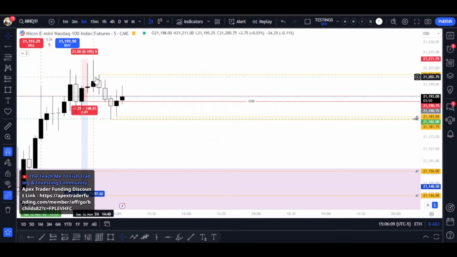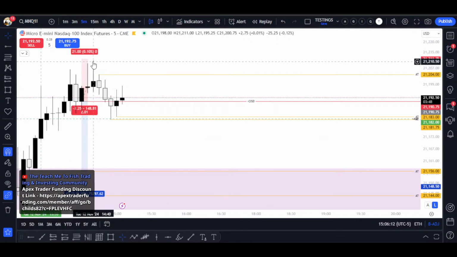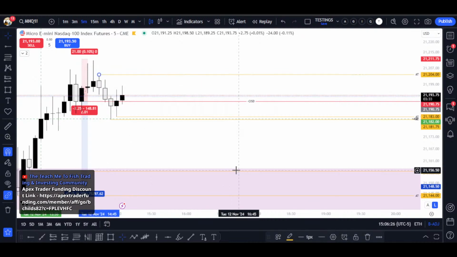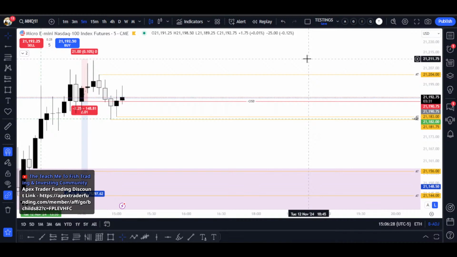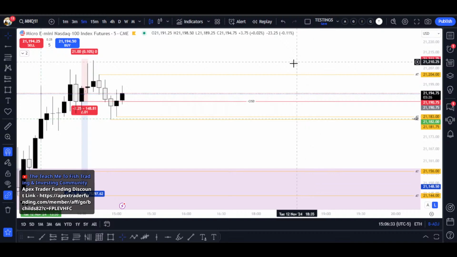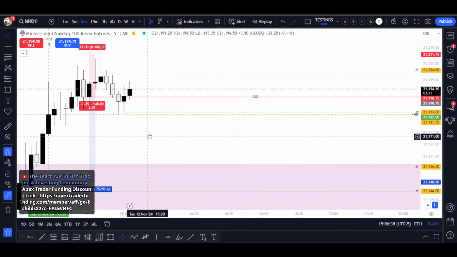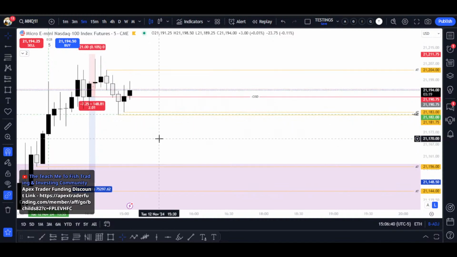Right now, this high is not a protected high, because its first touchdown pass this swing low, it rejected, so we might see price come back up to this algo target at 21,204 flat. But I don't want it, because I want to see price come down lower to give me a bullish entry.